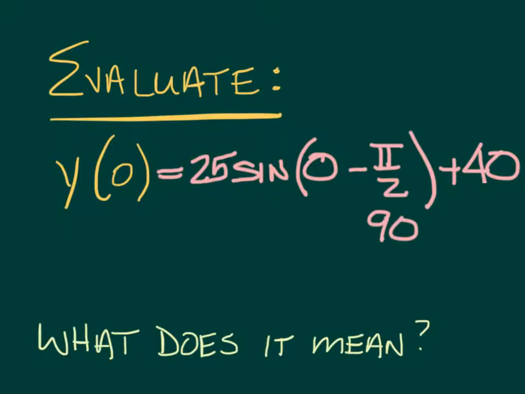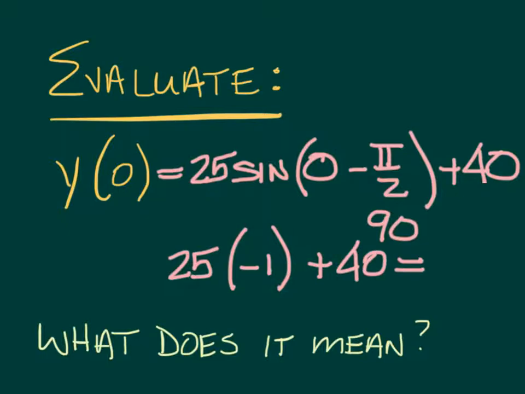So what is sine? And 0 minus 90 is negative 90. So what is sine of negative 90? It's negative 1. So let's do 25 times negative 1 and then add 40 to that. What do I get? 15.